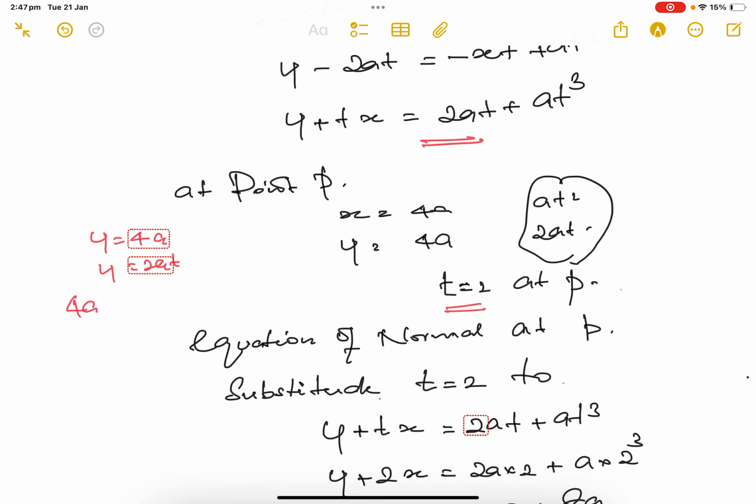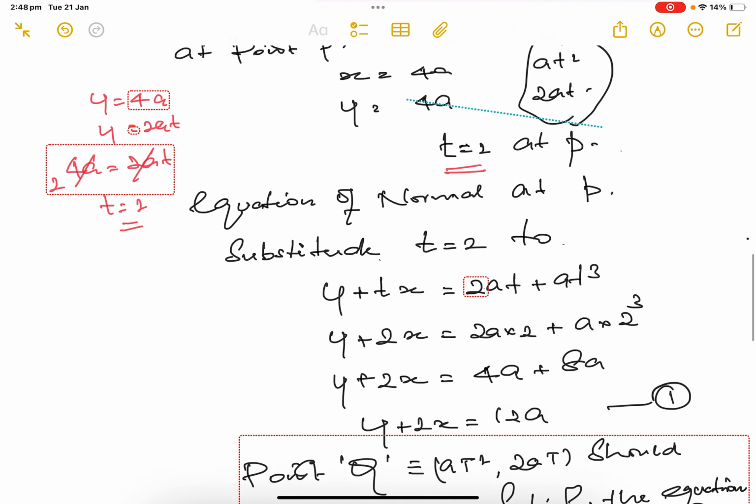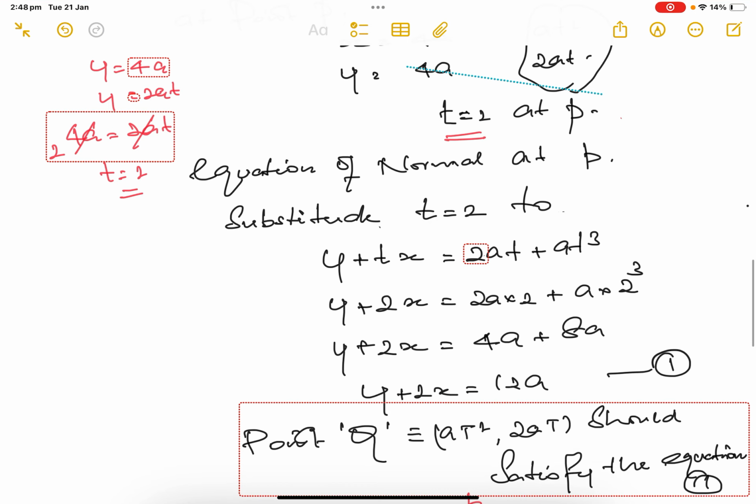So 4a equals 2at, cancel 2a, t equals 2. So t equals 2. At P, the value of small t is 2. Right. So we know the equation of normal at P. We can find it because of the equation we already know, the standard equation. All we need is the value of t, which we have found at P.